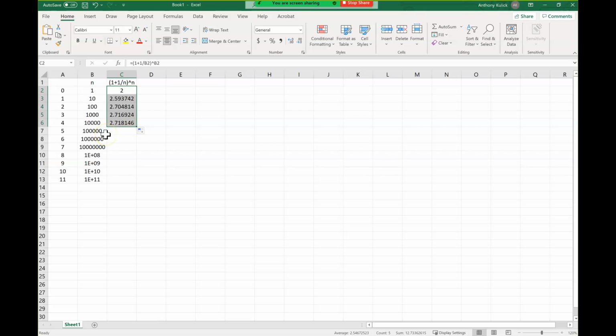So each time n goes up, it's still getting bigger, but more and more of that number is staying the same, right? Going from 10,000 to 100,000, 2.718 is now all the same, the first four digits. And we go again, and now the first 5 digits have all stayed the same.